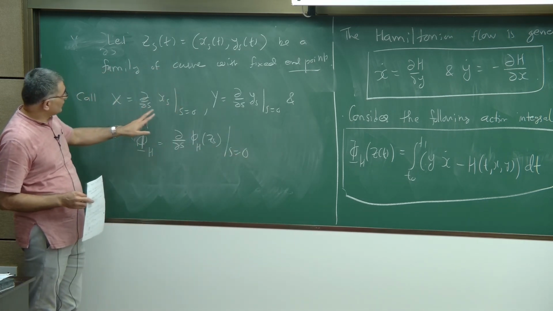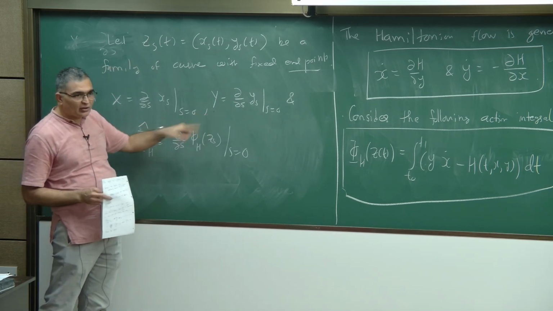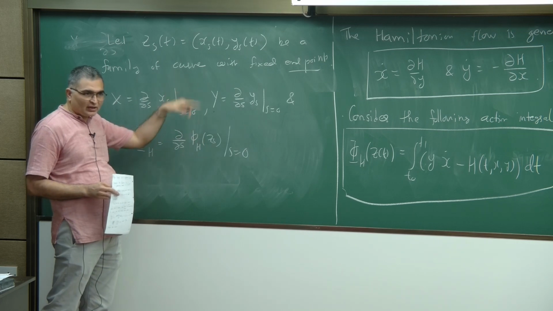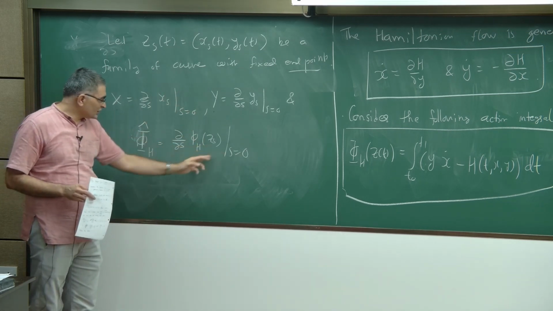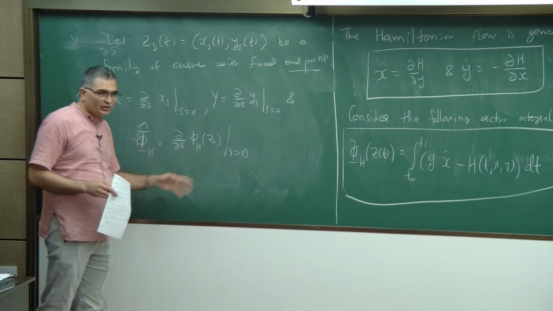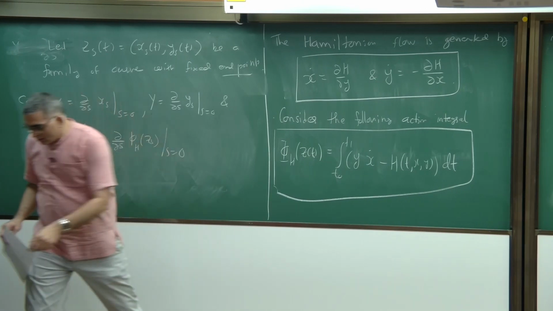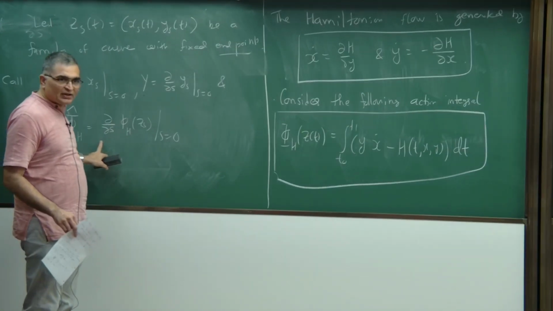Notice that this is a variation. So x and y are vector fields along the curve which you are varying, and phi_H I have just written as the derivative at s equal to 0 of the whole integral. And if there is a curve that minimizes, it means this derivative of phi_H is 0, okay.